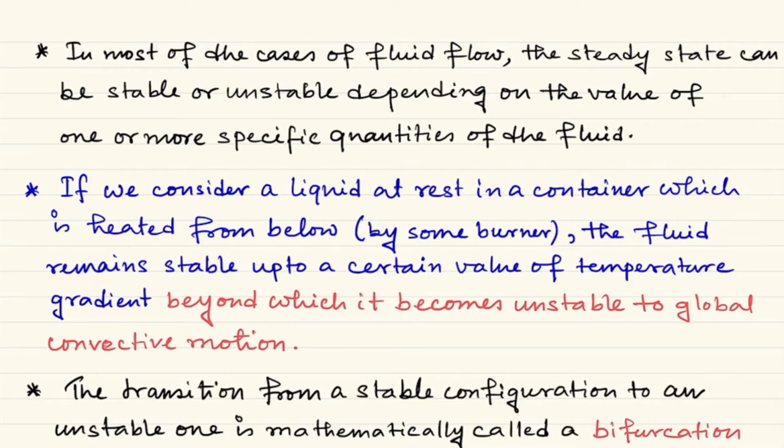However, beyond a critical value of the temperature gradient, the fluid becomes unstable to global convective motions, and you can actually see in this vessel a convective flow like this.